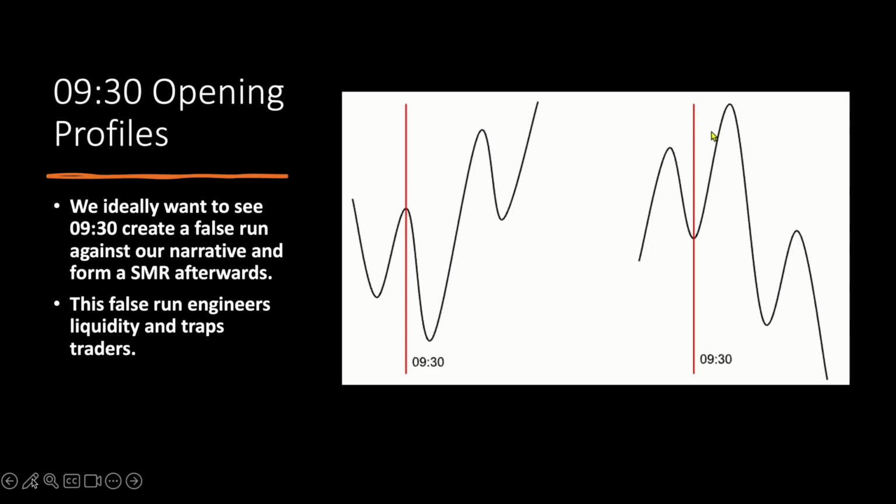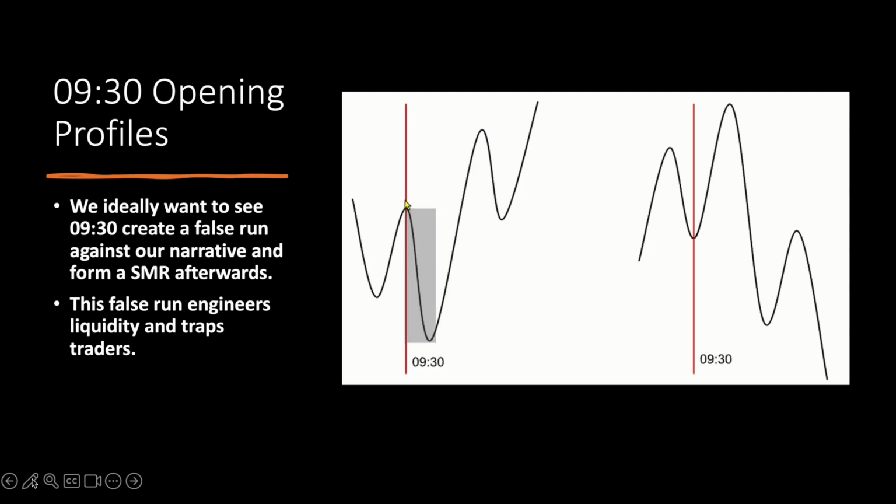Our point of interest is here, and for the buy model, our point of interest is here. When we see that occur, we will be ruthless and we will wait for our signatures to confirm that this is the high, and from there on sell side delivery is likely to be next towards our higher time frame draw on the liquidity.